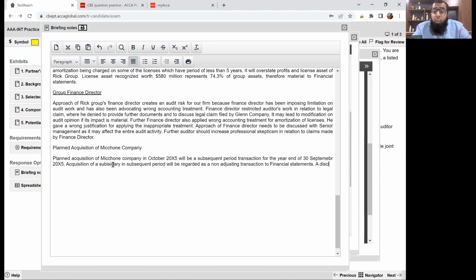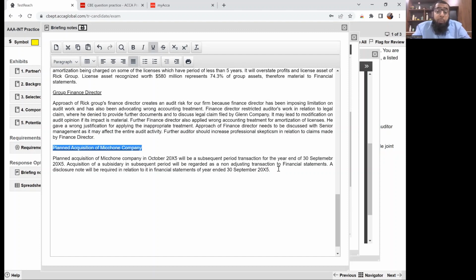A disclosure note will be required in relation to it in the financial statements of the year ended 30th September 20x5. Even though it's a non-adjusting transaction, we need to give a disclosure. If it would be an adjusting transaction as per IAS 10, then we would need to adjust the FS.